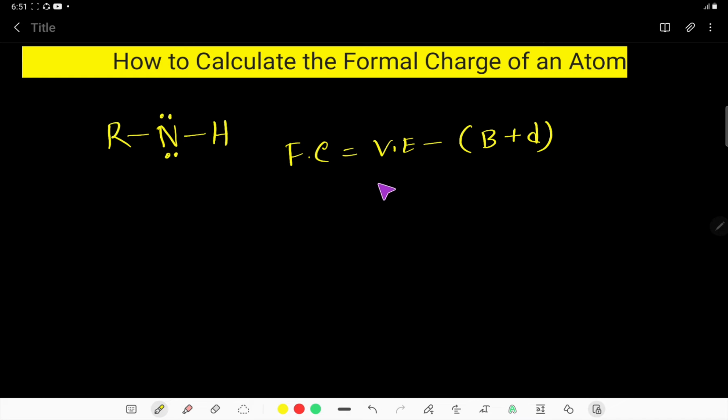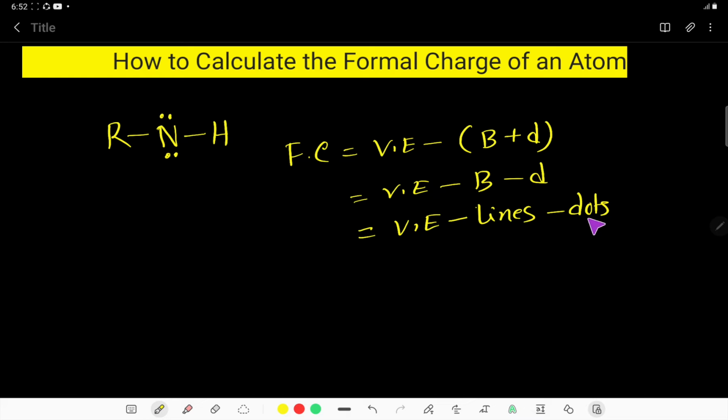We can simplify this formula like this: valence electron minus bond minus dots. Or we can write this equation like this: valence electron minus lines, where bond means lines, and minus dots, where dots mean non-pair electrons, right?